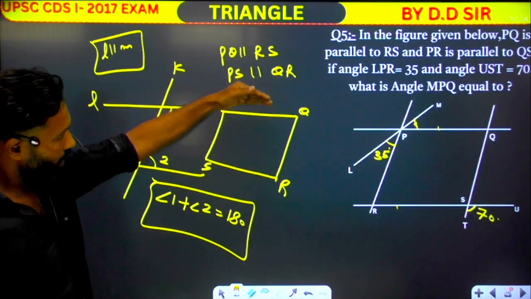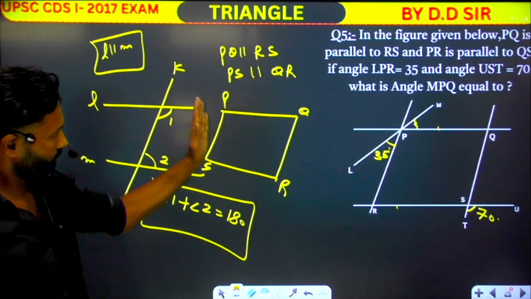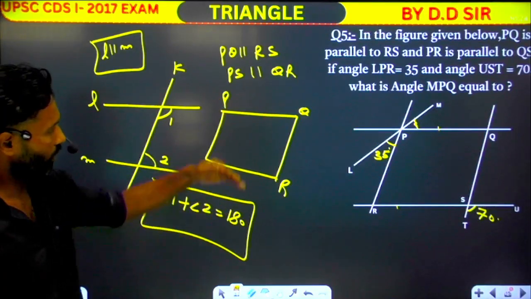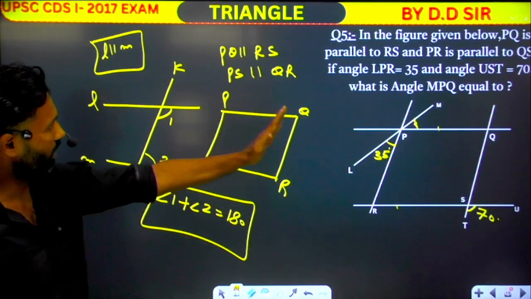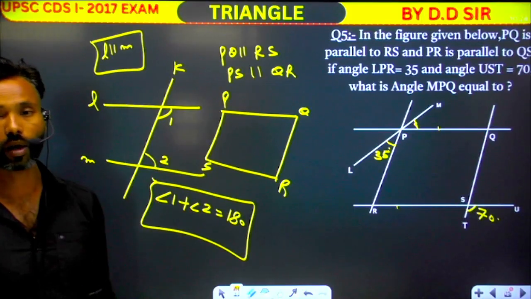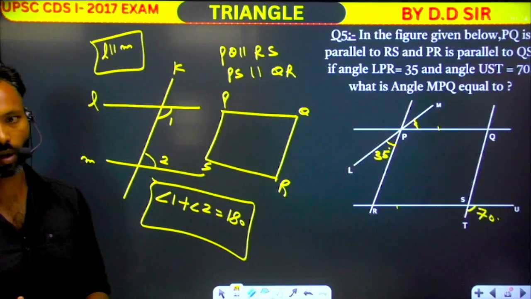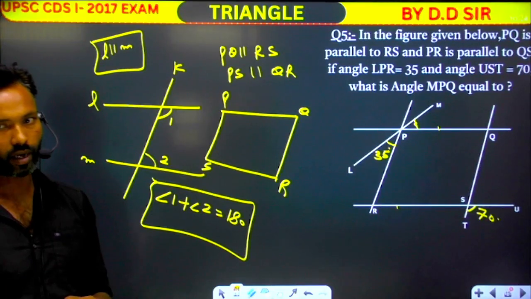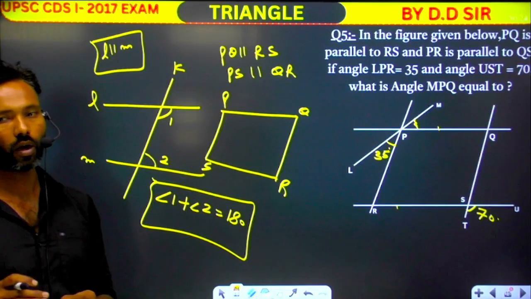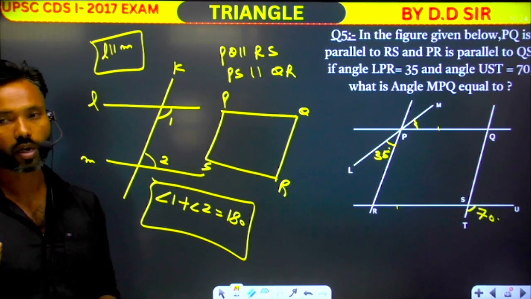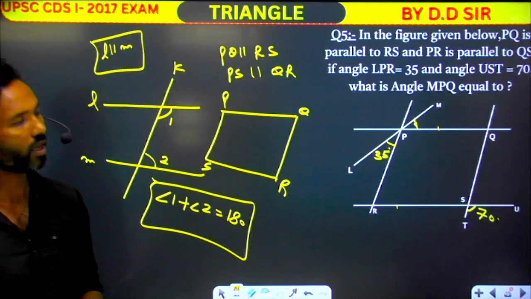When pairs of opposite lines are parallel, it will be a parallelogram. One of the properties of a parallelogram is that opposite angles will be equal.